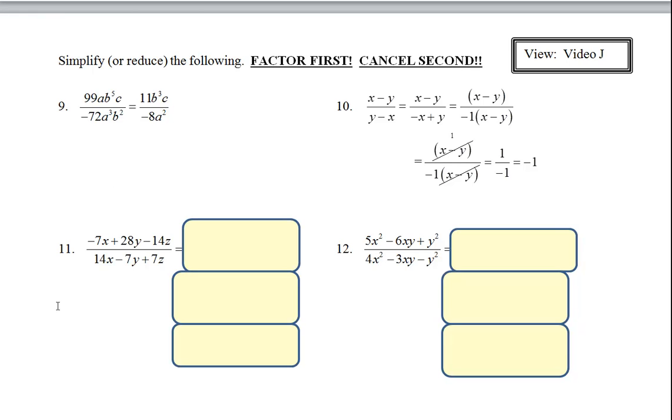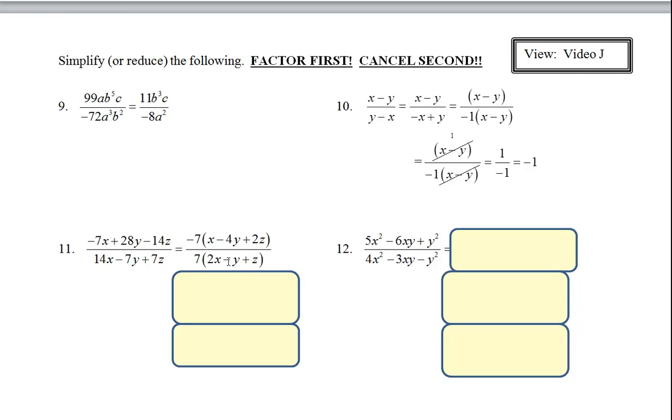Now this one, let's see. I've got myself a trinomial and a trinomial, but I do not have a square like I do over here. So I pull out a common monomial. If I pull out a negative 7 on top, I'm going to have an x minus 4y plus 2z. Let's see if I did that on top. Okay. On the bottom, I can pull out a 7, and I'll have a 2x minus y plus z.